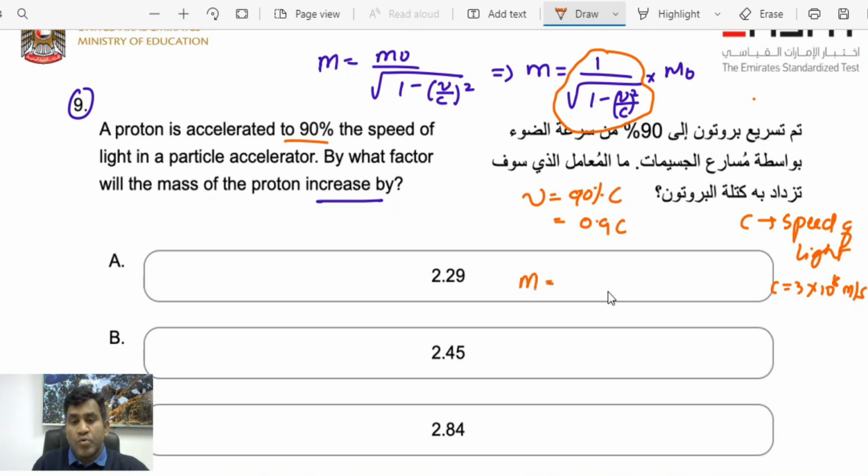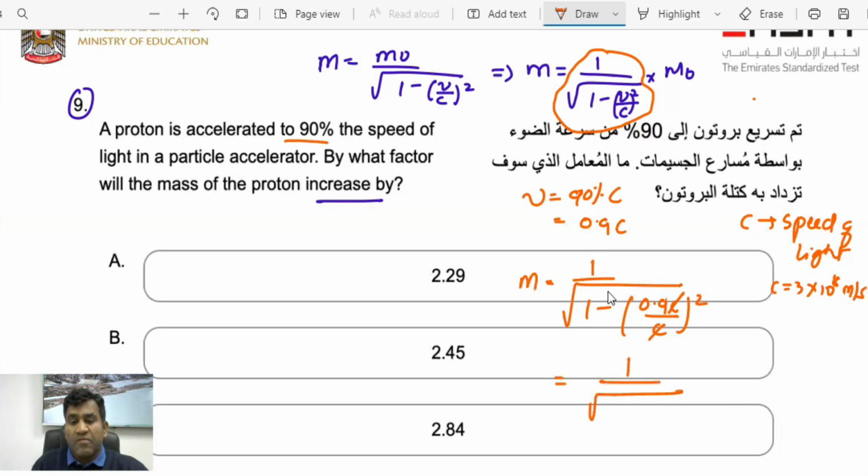If you substitute over here, what are you going to get? We are just interested in calculating the constant factor. m equals 1 over square root of 1 minus (0.9 c divided by c) square. Here c and c get cancelled out, so you are left with m equals 1 over square root of 1 minus 0.9 square, times m0, and I'm just talking about the constant factor here.